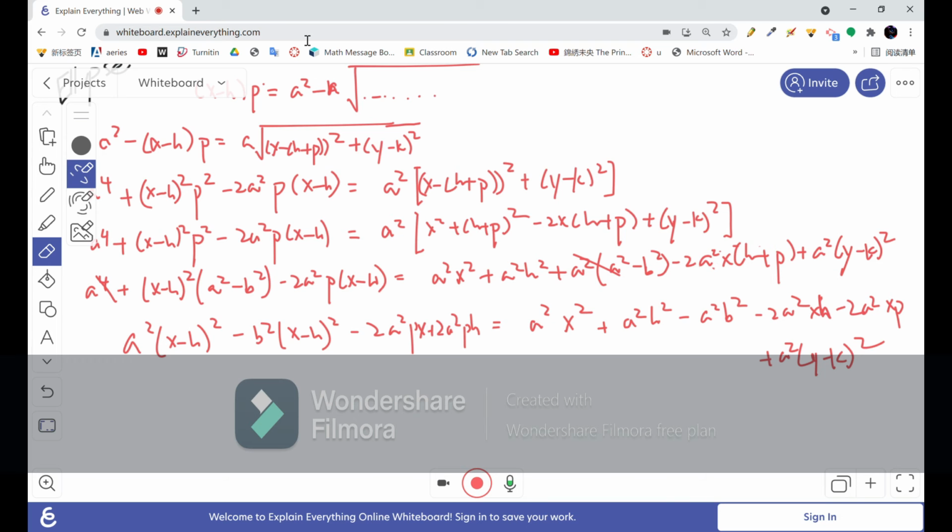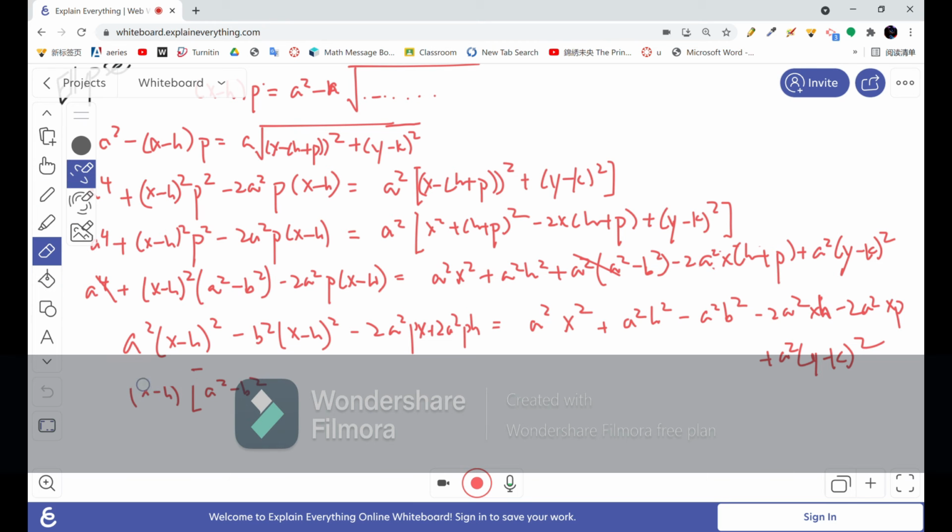Is this even going to work? Wait, can I just combine this? So we have x minus h squared. It is kind of hard to write, and we have b squared.